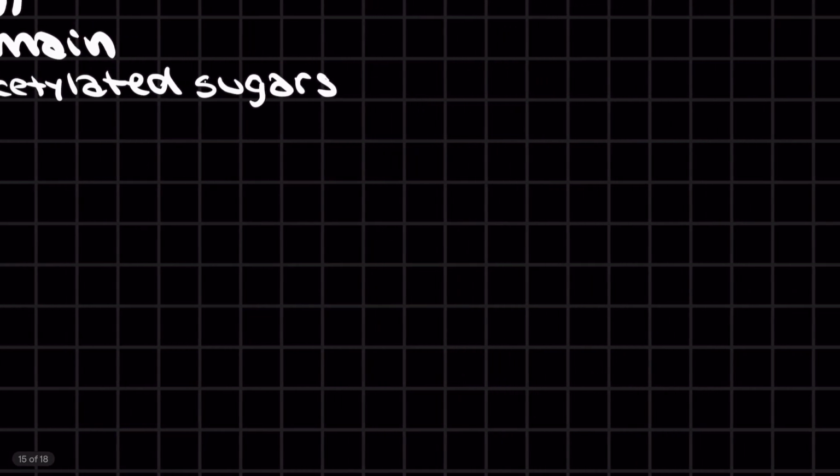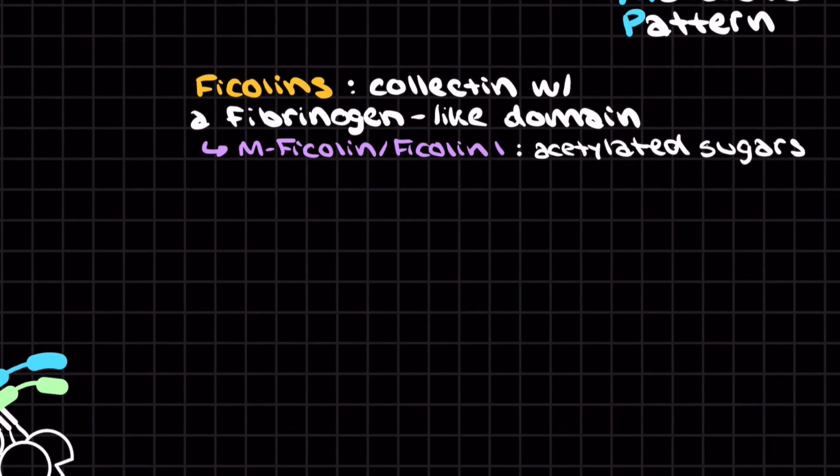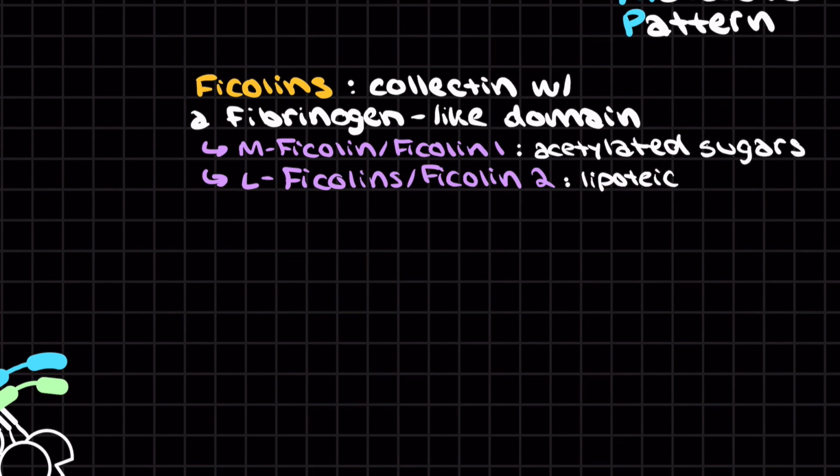The next class of ficolins are known as L-ficolins, also known as ficolin 2. These bind something known as lipoteichoic acid. I think I spelled that correctly.